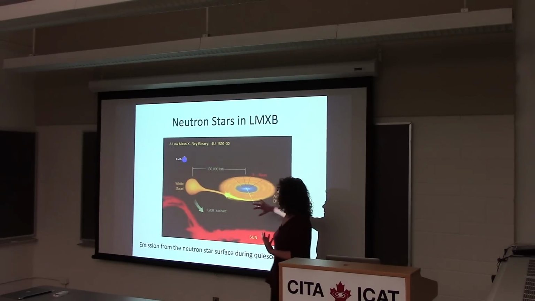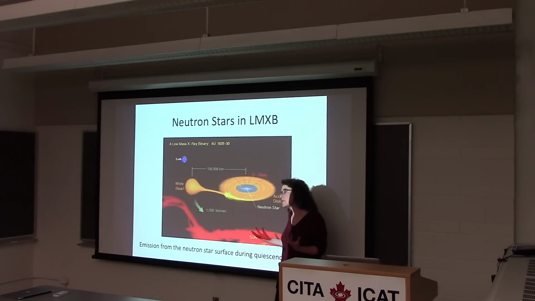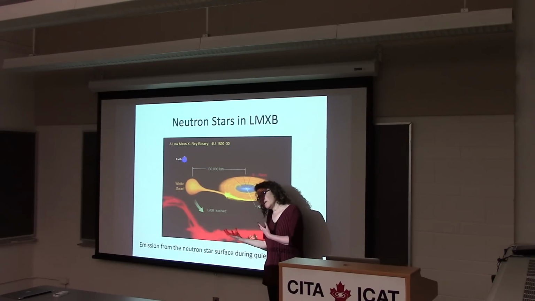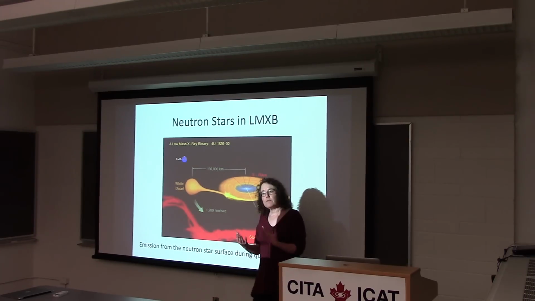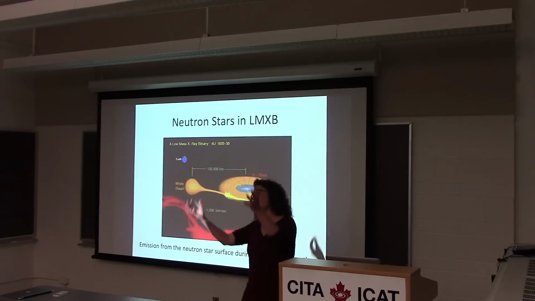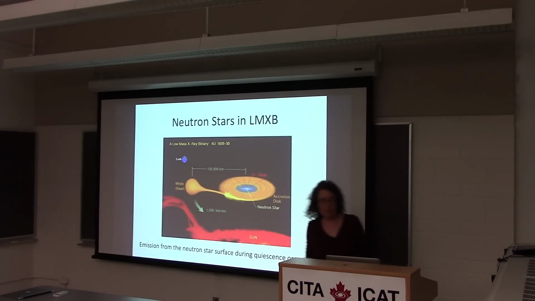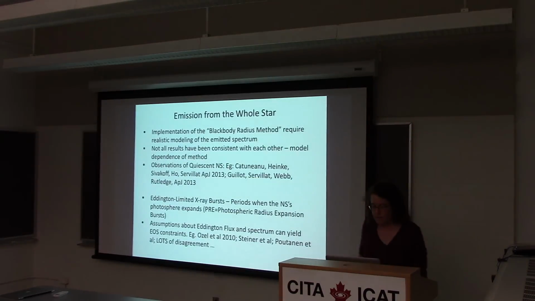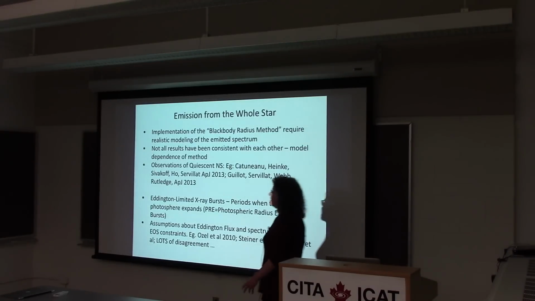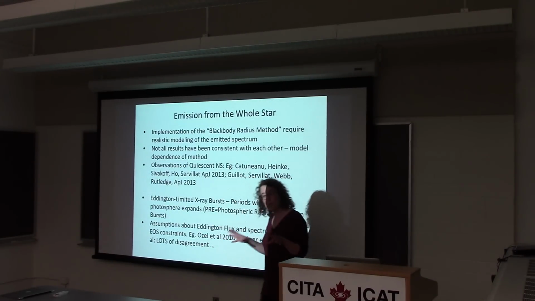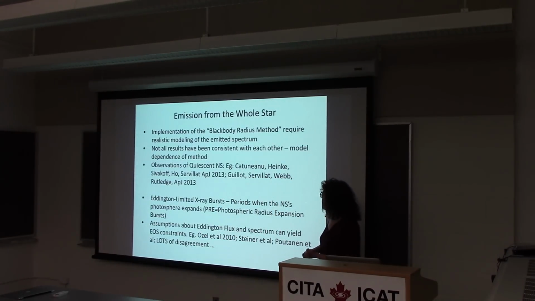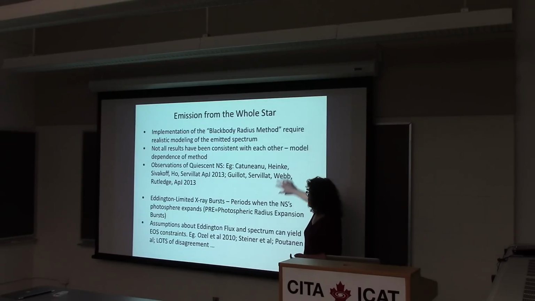And then you also have periods called quiescence, which are in between outbursts, when there's very little accretion, in which case you basically have the residual heat from the surface being radiated away. People have done observations in both kinds of systems, where they assume they're looking at light coming from the whole star, either in quiescence or in X-ray bursts.